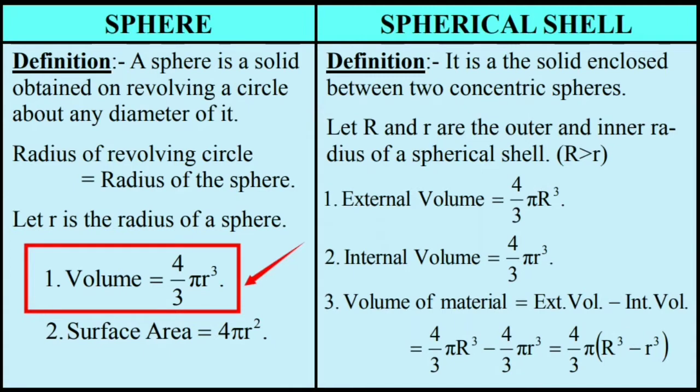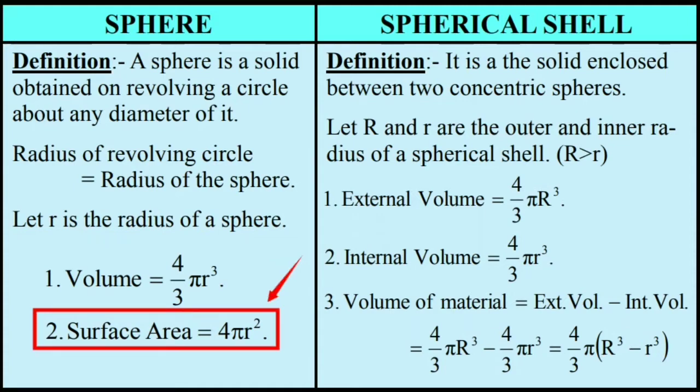Volume of the solid sphere is 4 by 3 pi r cube, where r is the radius of the solid sphere, and surface area of the solid sphere is 4 pi r square, where r is the radius of the solid sphere.